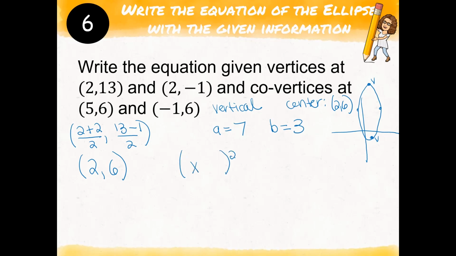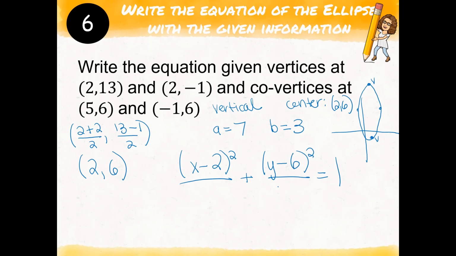Let's write out our template. So I know it's x squared divided by something plus y squared divided by something equals 1. That's a constant. That's never going to change for us. I know my center, x minus 2, y minus 6.